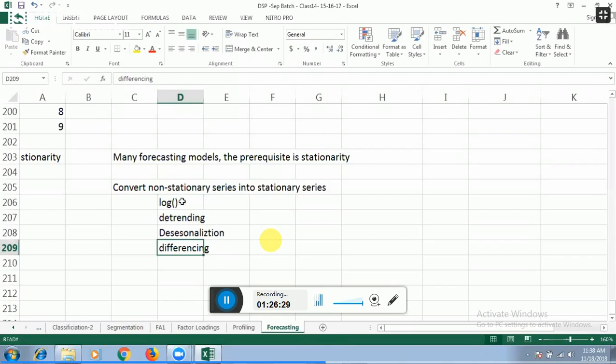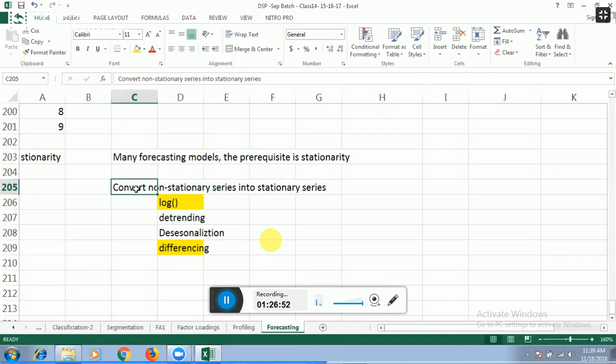Very commonly we use these two things, because when you do the differencing, a lot of times you are taking care of the trend, removing the trend and the seasonality also. That's the reason most of the time we apply log and differencing the series to convert a non-stationary series into a stationary series.